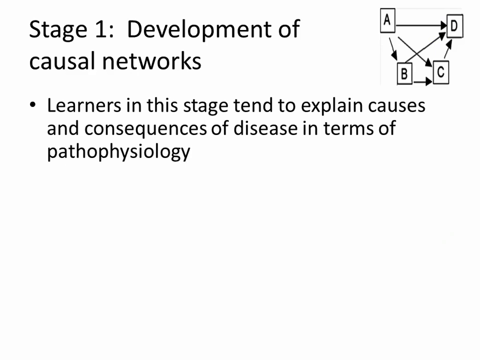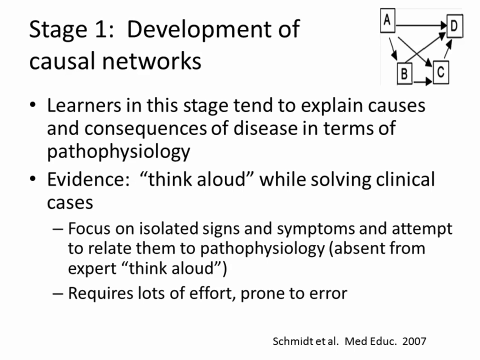Okay, so as I mentioned, stage 1 is a stage where there is the development of these causal or pathophysiologic networks. Learners in this stage tend to explain the causes and consequences of disease in terms of pathophysiology, in terms of biology. The evidence that this stage exists mostly comes from studies that use think aloud protocols, where clinicians and students at various levels of training are asked to think aloud about their reasoning regarding a patient case.